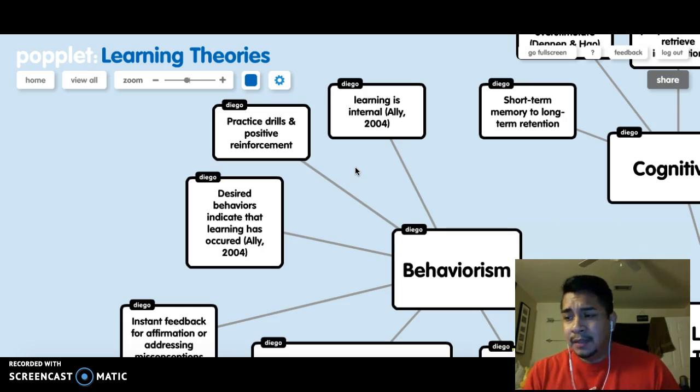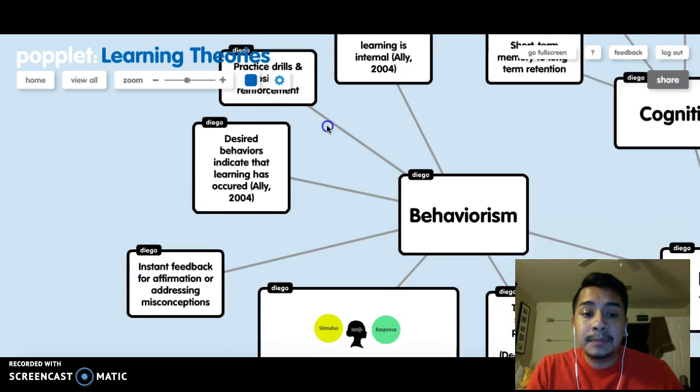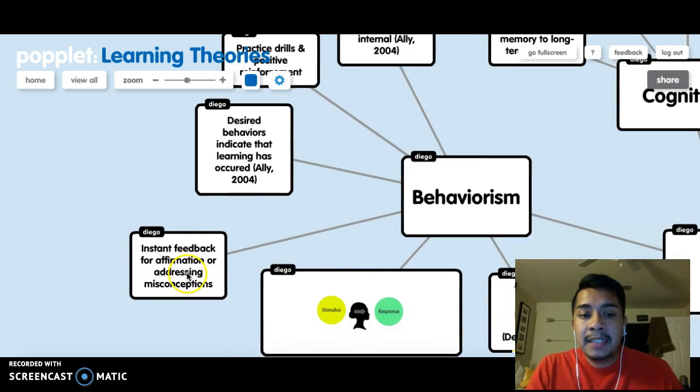So, for example, if I get a correct answer on an app, then it dings and it gives me a green light, or it buzzes and it gives me a red light. So that instant feedback provides me with affirmation or addresses any misconceptions.